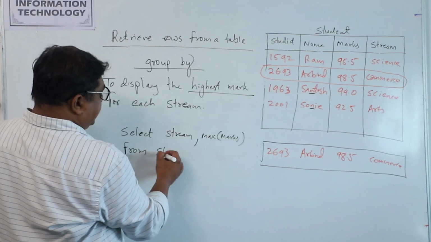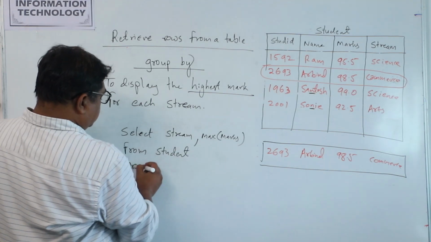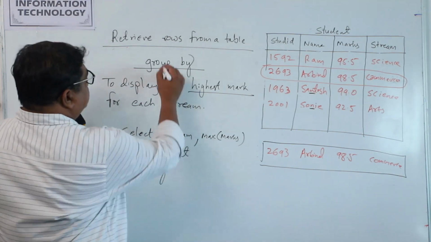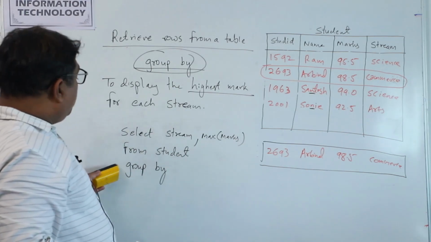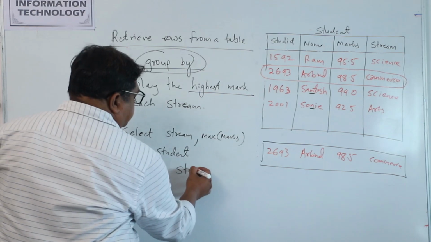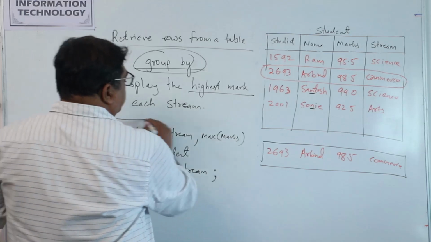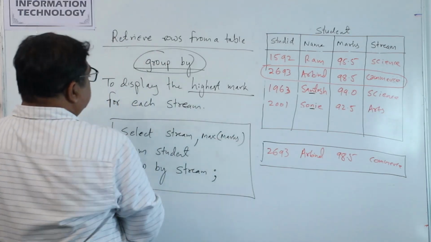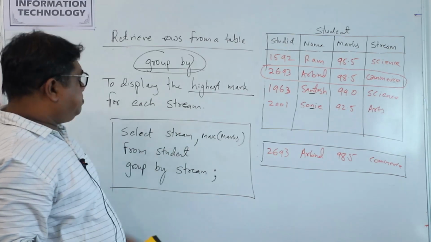The table name is student, then group by, this command we will use. Group by stream, then semicolon. So this is the query to display the highest mark for each stream.